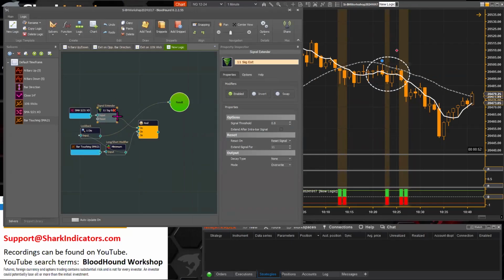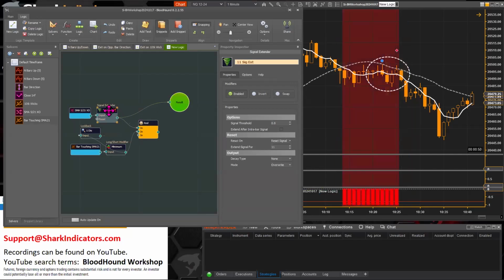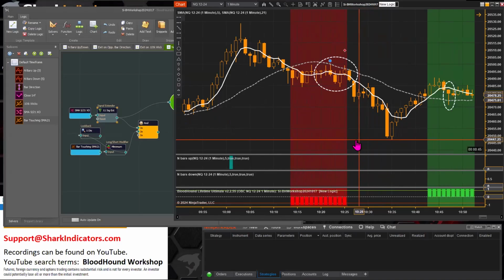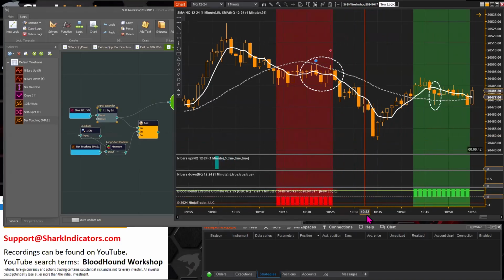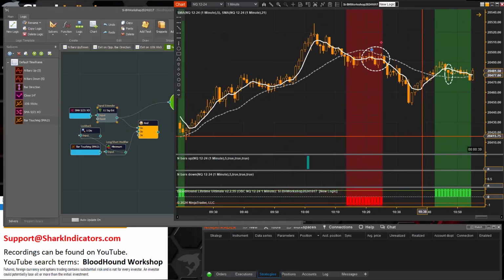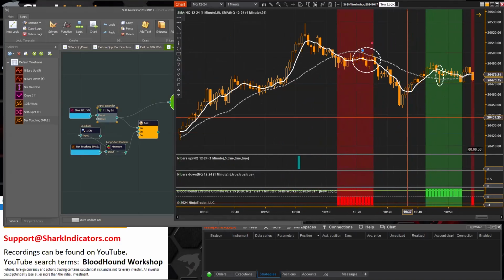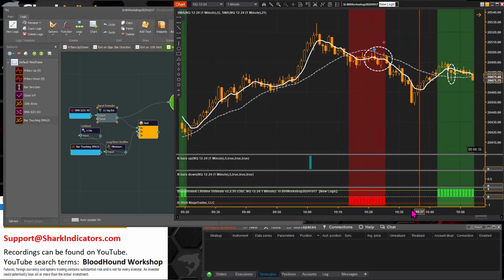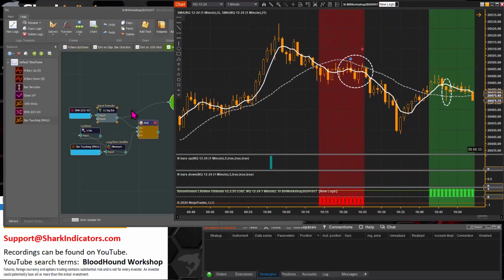So now let's take a look. So here's our signal extender, right? And so if I connect this, and also, yeah, let's look at the other one here as well. Yeah. So we can look at both of these here. There.